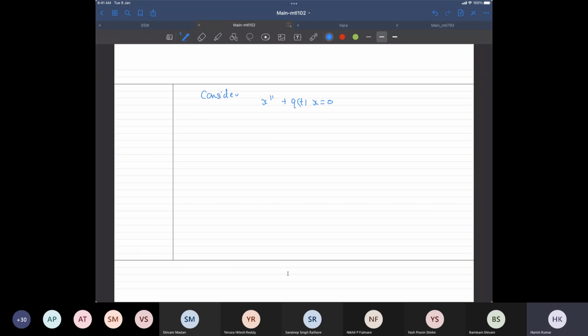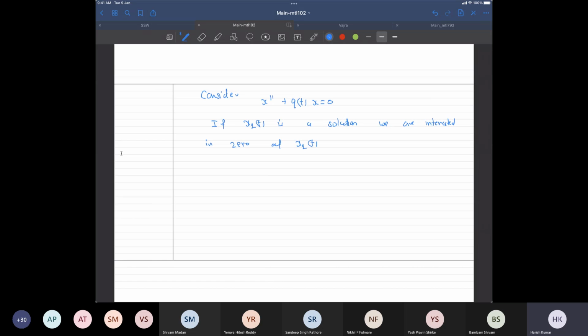The reason to consider this kind of ODE is that we are interested in the places where the solution of these ODEs vanish. So if x1(t) is a solution, we are interested in zeros of x1.